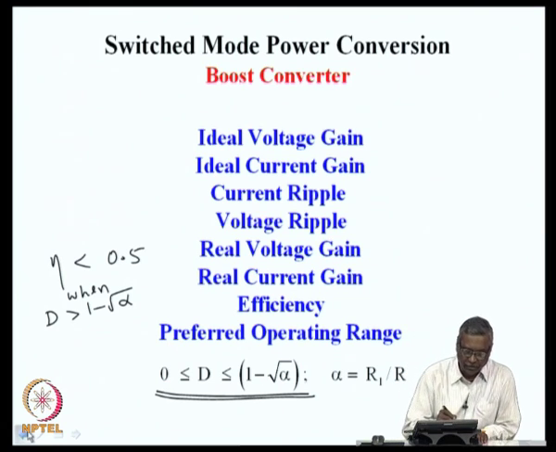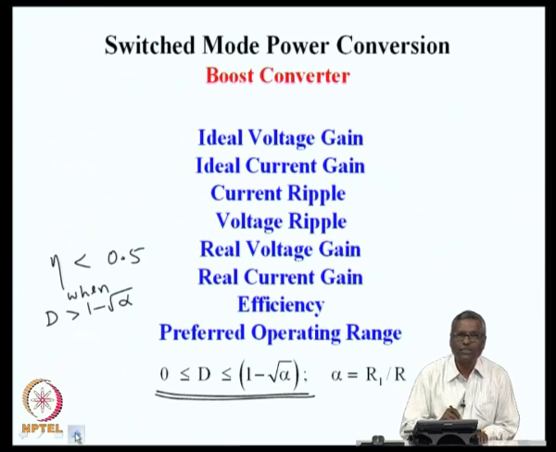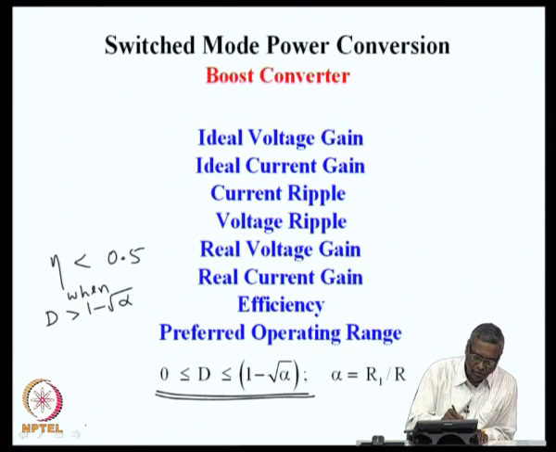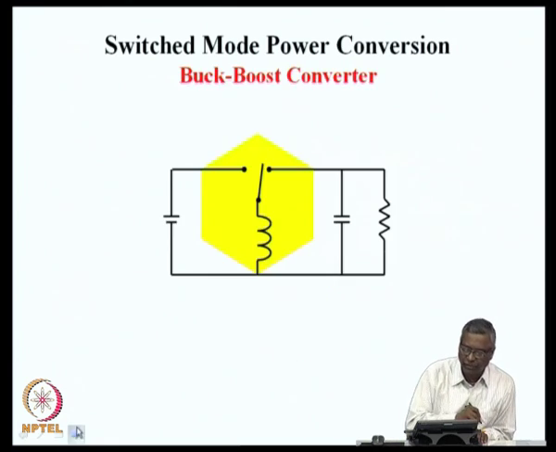This boost converter we had seen is a variant of the same switch cell, two switches, a single pole double throw switch, and then an inductor. So, these two elements were combined together to get our boost converter.